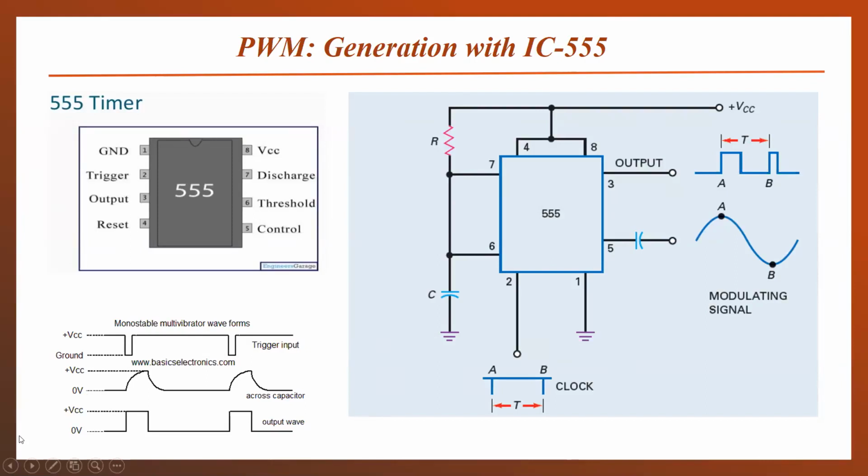When the comparator output is higher, the capacitor will charge, and after this when the modulating signal is lower, then the comparator output will be low and the capacitor starts discharging and our pulse will go down.